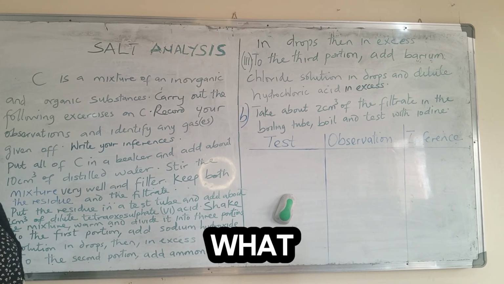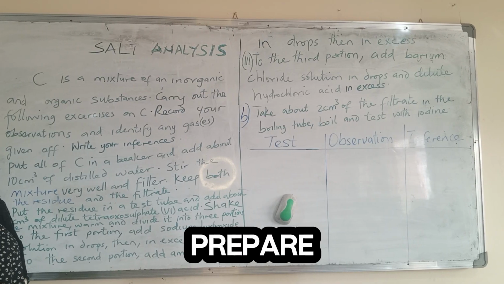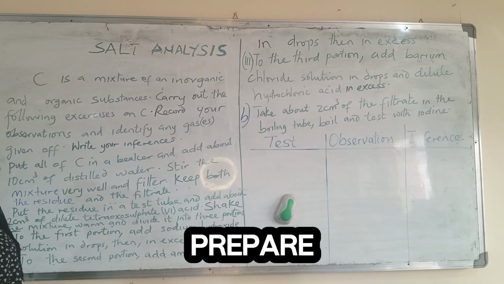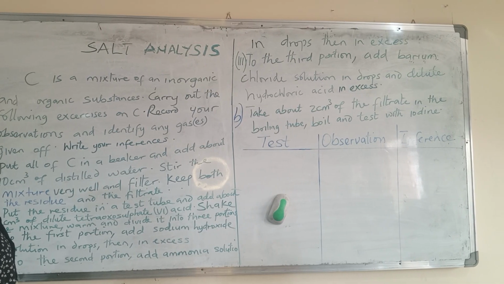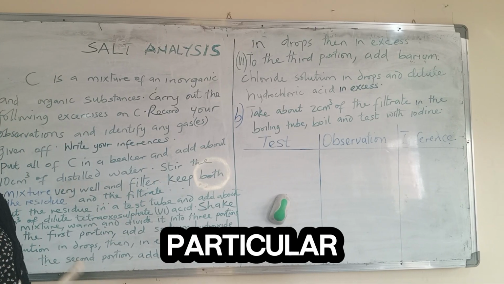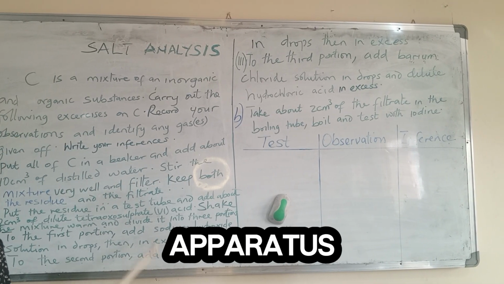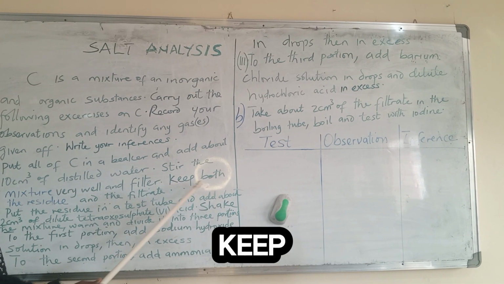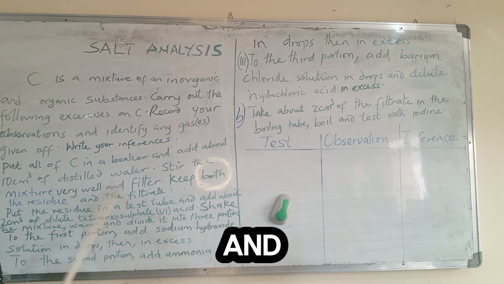We want to take the two together to prepare you for what may likely come. When you filter a particular substance using your filtration apparatus, you will have the filtrate and the residue. Keep both the residue and the filtrate.